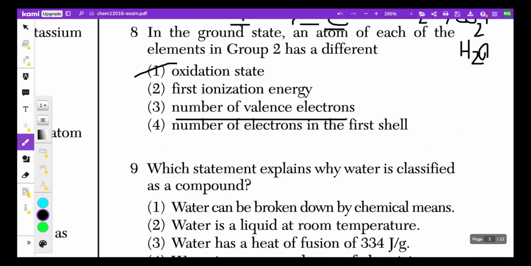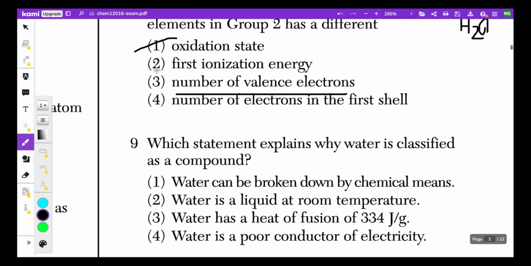So you can see how for all these elements, their last digit is 2, which represents their valence electrons. So elements in the same group have the same number of valence electrons, which means that number 3 is not our answer.